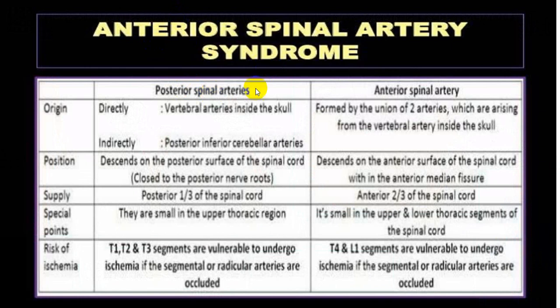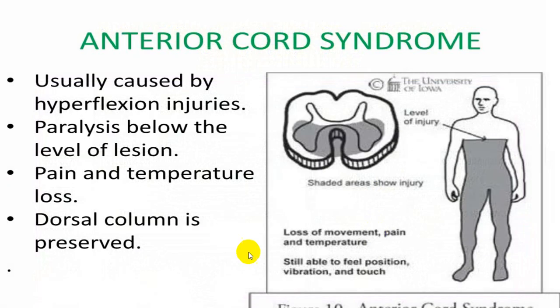Because the anterior two-thirds is gone, you will have complete upper motor neuron palsy below the level, at the level lower motor neuron, dorsal column will be preserved, but lateral spinothalamic will be gone. So pain and temperature below the level completely lost, dorsal column preserved, at the level lower motor neuron, and below the level upper motor neuron findings.